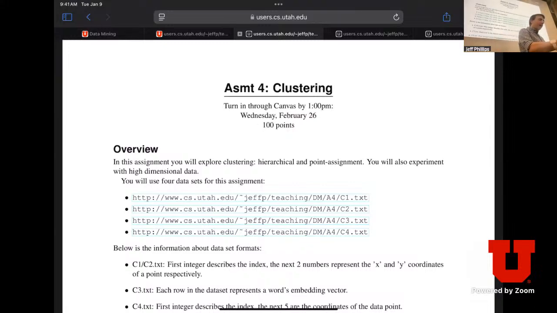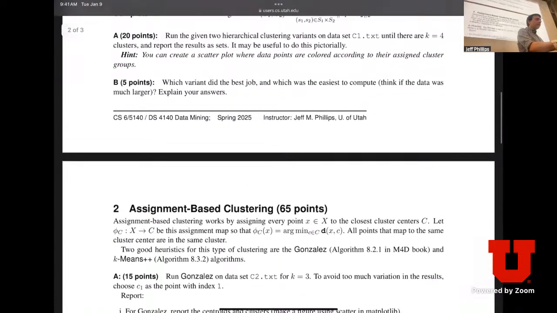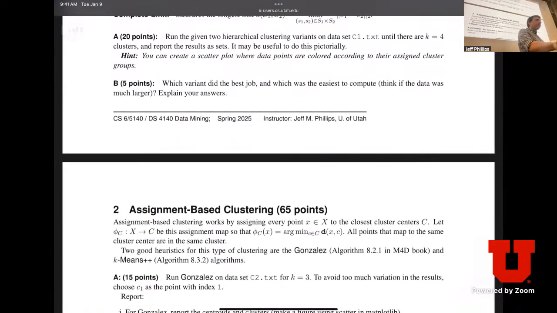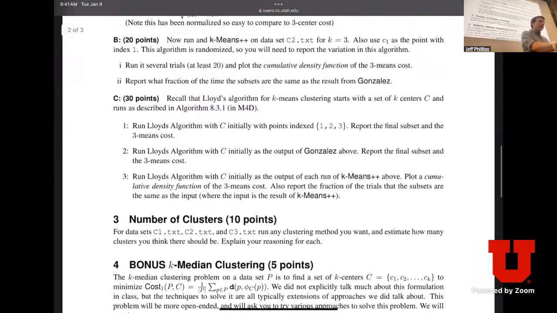Again, this one will have a few things like which variant did the best job, and how many clusters you think there should be, that are intentionally open-ended, without one where you run an algorithm, it outputs a number, and you write down that number.